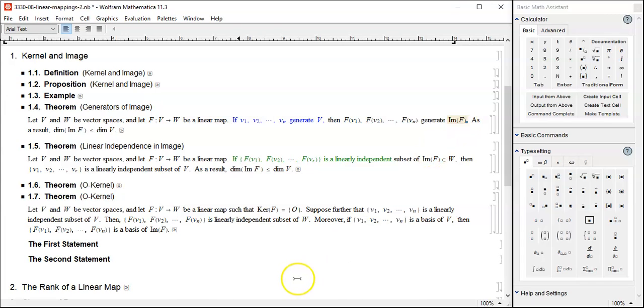And then in the first statement, we just did, v1 through vn is linearly independent, then f of v1 through f of vn is also linearly independent. So linearly independent and generators, that means a basis. The second statement is nothing more than just a combination of the first claim and 1.4.